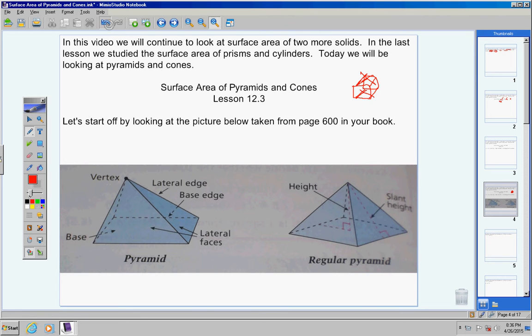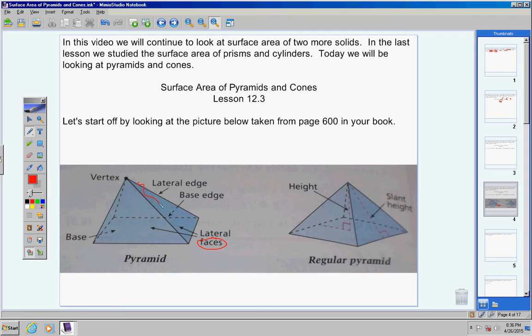So it's so obvious, guys. When I say the lateral faces, that's any face that's not a base or a top face. Let me say it again. A lateral face is any face that is not a top or bottom face.